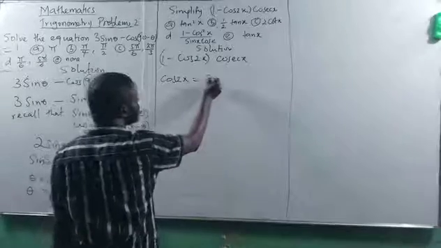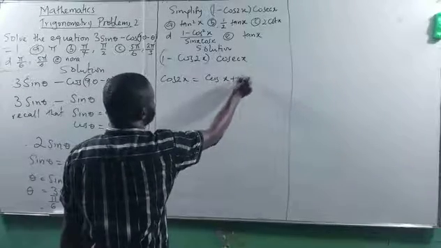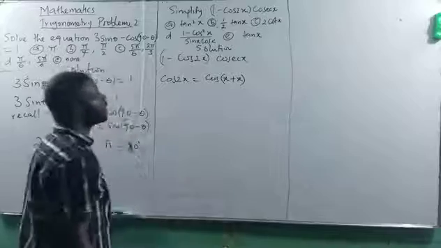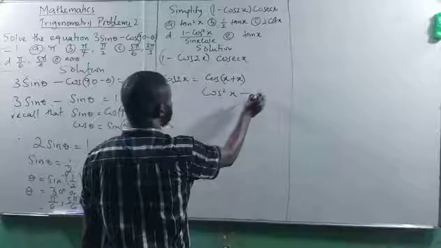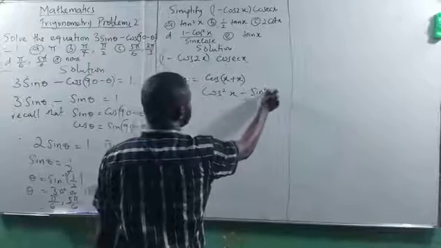will be equal to cos of x plus x, which is known as the double angle, which will be equal to cos square x minus sine square x.